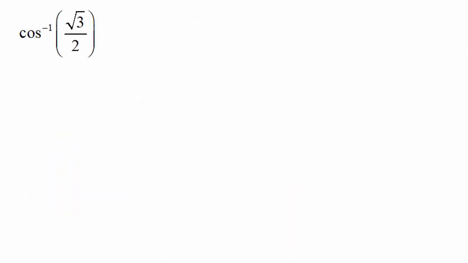For this problem, we're trying to figure out the inverse cosine of square root of 3 over 2. Now remember that answers to inverse trig functions are angles, so we're going to call this our angle theta.